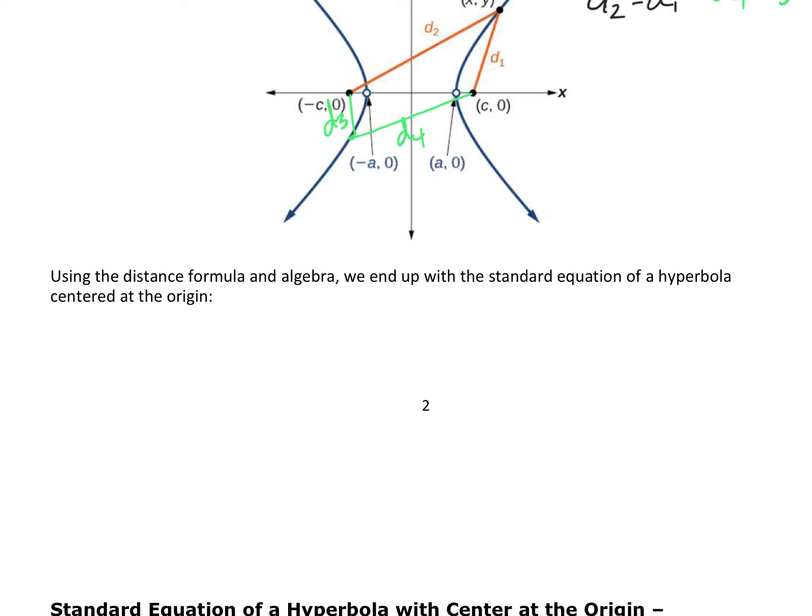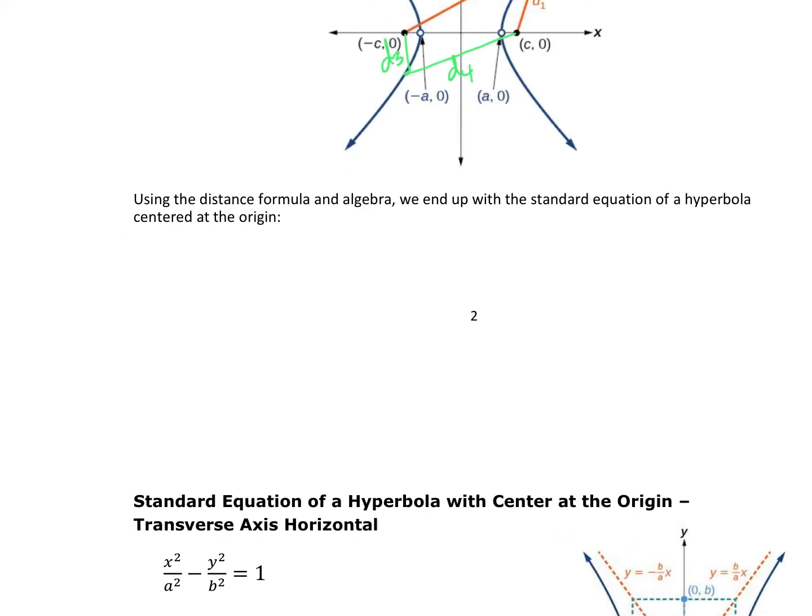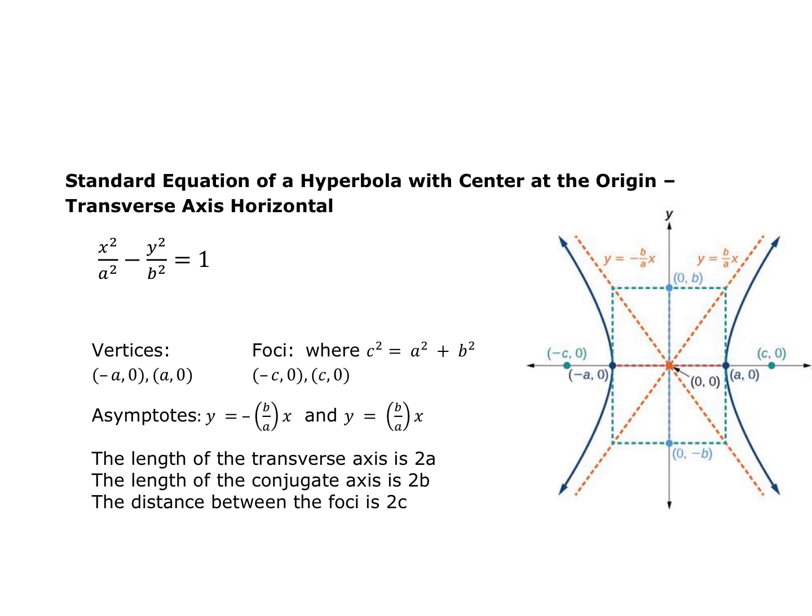Using our usual algebra and distance formulas, we end up with our first standard equation of a hyperbola centered at the origin. Now, the transverse axis is always going to be hugging the positive, right? This is how I always remember it. Because you want to hug positive people, you don't want to hug negative people, because that just could be unpleasant for everyone. So notice how the x is positive, the y is negative.